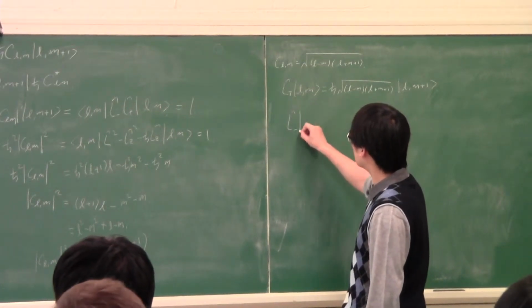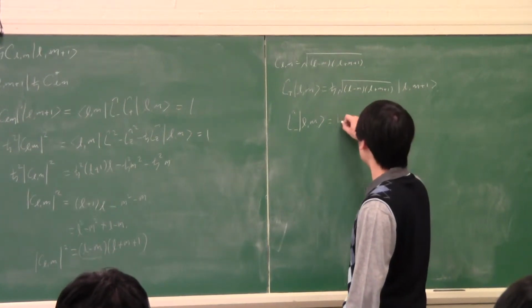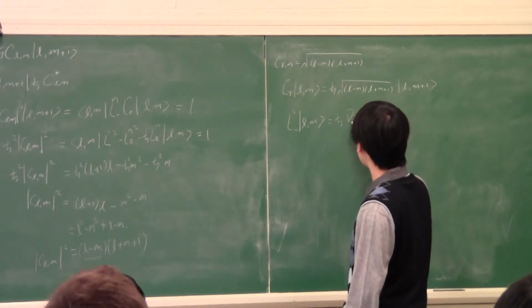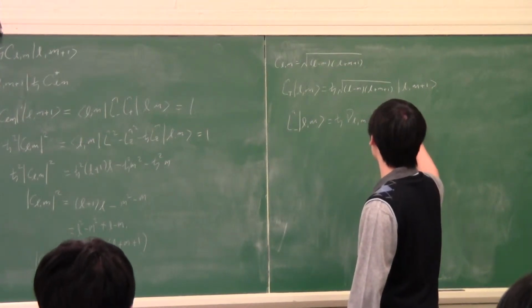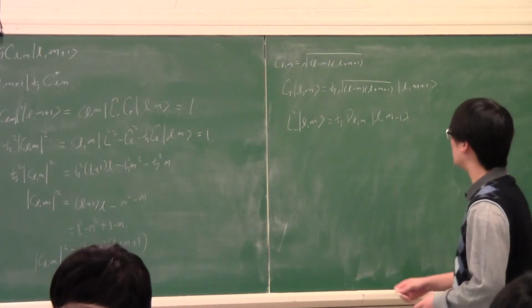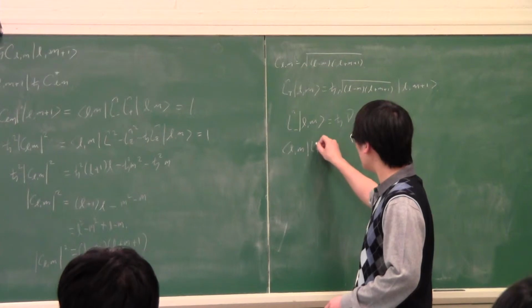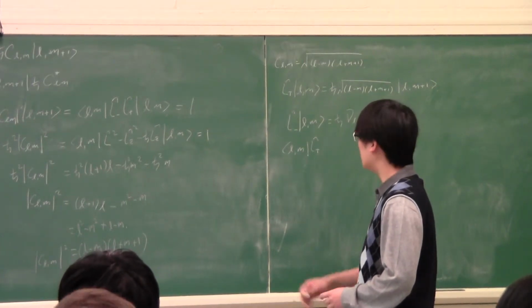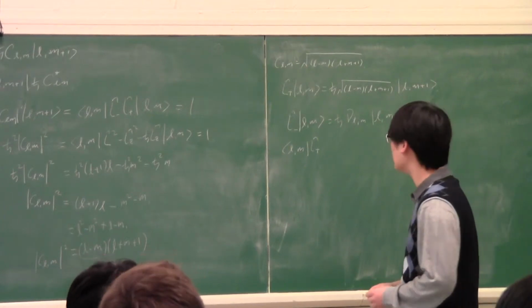So L minus |L M>, let's use some other notation, maybe D. D_LM, this goes to |L, M minus 1>. Okay. So now if you compute the bra of this, you get <LM| L plus. Right? And then I take the norm and require it to be normalized.